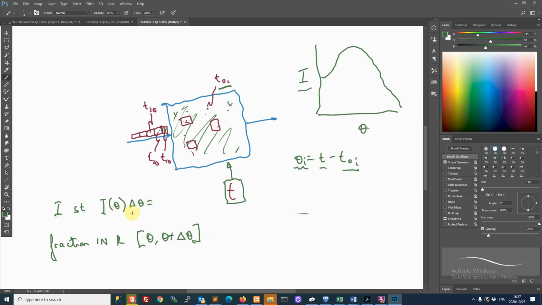Right, so I of theta delta theta is the fraction in the reactor in the age range theta to theta plus delta theta. And that's typically how we define any distribution function. We create a function, in this case it's I of theta, and we use the function to obtain fractions in specific ranges.